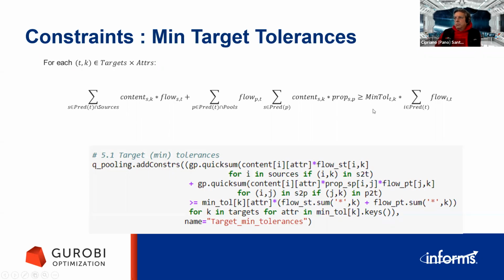So you want to satisfy this minimum tolerance at target node T with the blended oil attribute K. So this first term here is based on the content of attribute K from source node S. And this term here represents the concentration of that attribute K from all the source nodes S. And here you are going to represent the concentration of attribute K coming from the blended oil from all the pool nodes that are sending oil to the target node T. And again, the way that you represent it in Gurobi is just to copy this inequality.